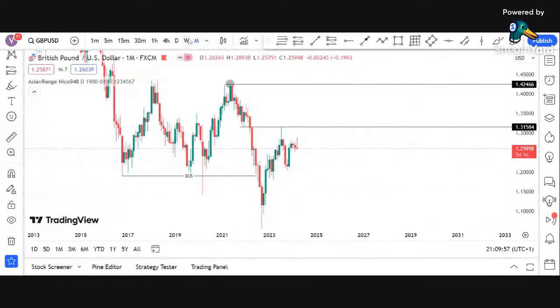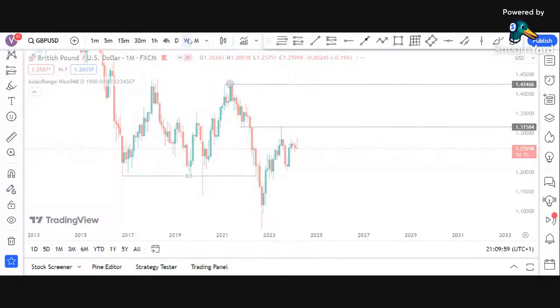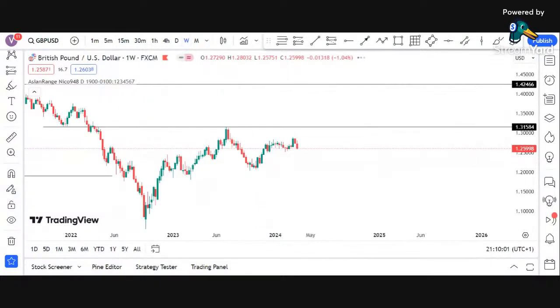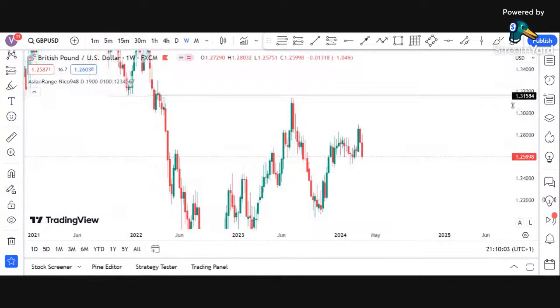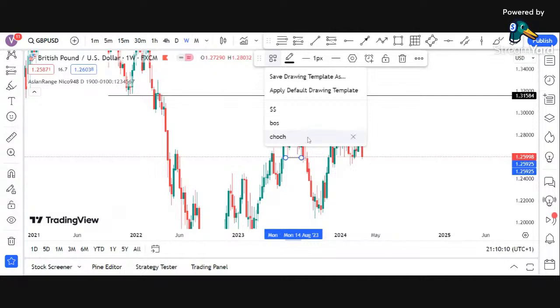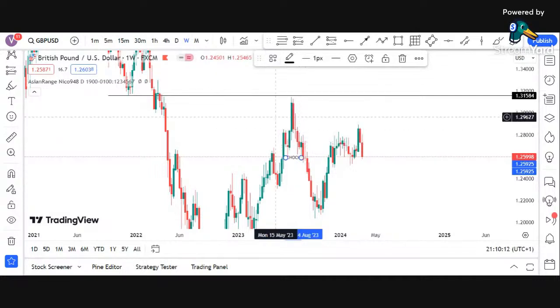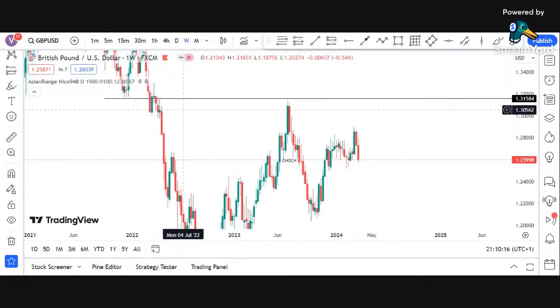Basically a similar thing. Let's go to the weekly to see what GBP USD is currently doing. Same thing here. You see, this was the shift of structure to the downside that we had. You can see where price is reacting from an order block that has not been mitigated.